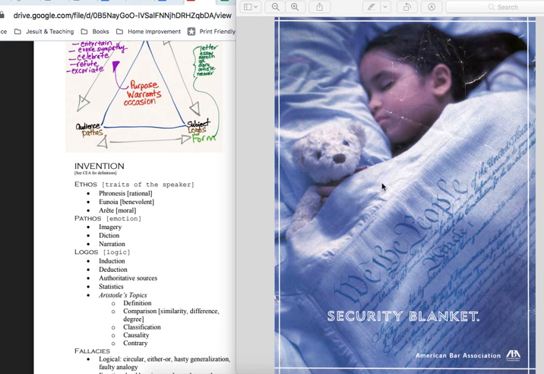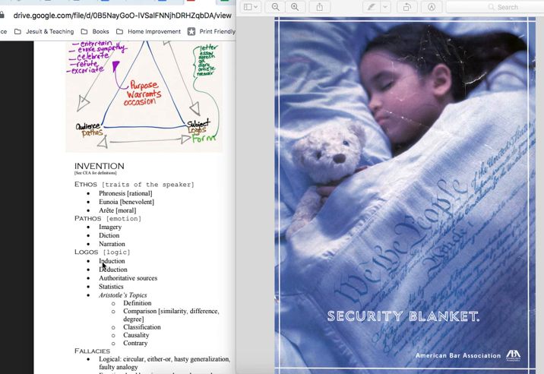Now, pathos also deals with diction, words. The words here, security blanket. Security is a very emotional word, and blanket too has associations of comfort and protection. So in many ways we have appeals to pathos as well.